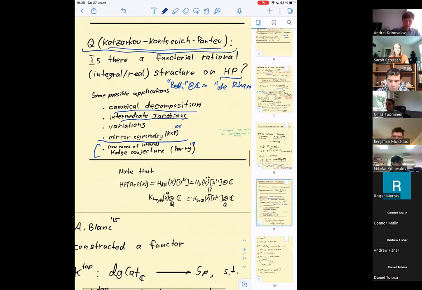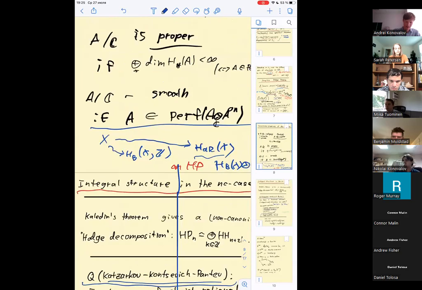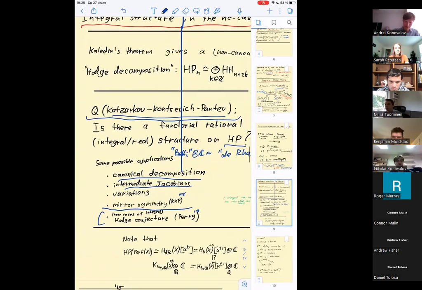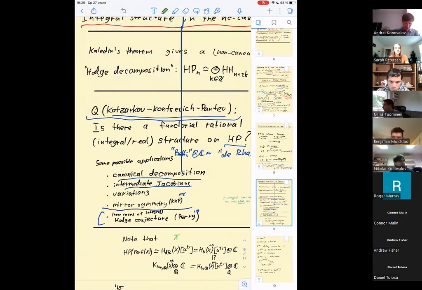Okay, so note that, as I already said, whenever X is, say, a nice variety, HP of X is actually equivalent to de Rham cohomology groups two-periodized.